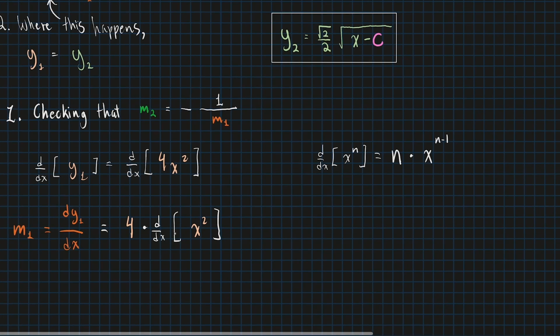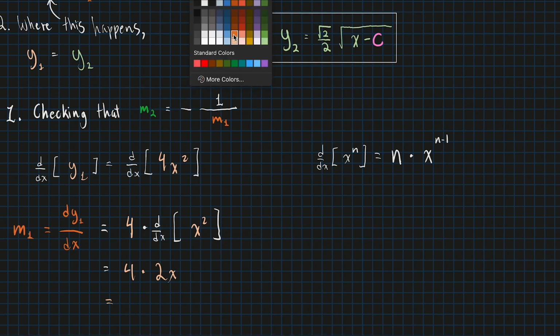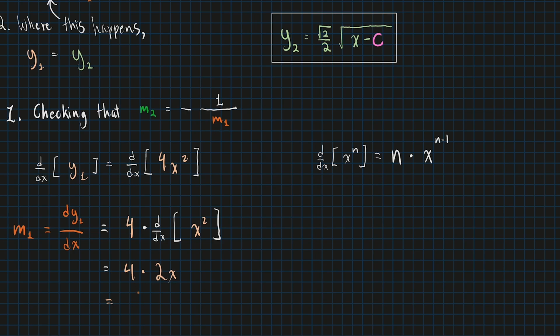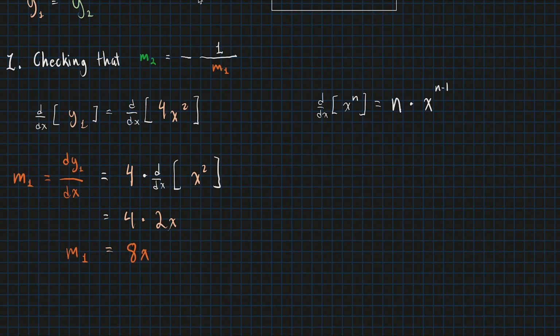So the derivative of x squared is of course 2x. So that means we have 4 times 2x, and of course 4 times 2 is 8. So this is equal to, I'll do it in our darker orange because that is the color we're using for m1, that is equal to 8x. So that means m1 is equal to 8x.